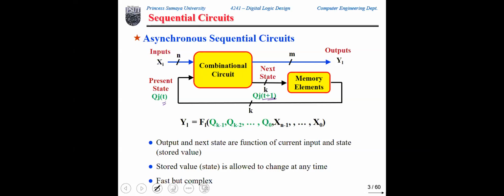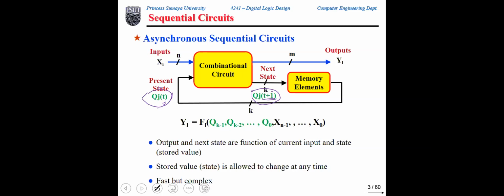So this is a kind of notation: Q of T implies the present value, the value that we have now, and Q of T plus 1 implies the value to be stored, the value that we will have after some time. And what is this time? We will see later. Is it 1 second? 2 seconds? 1 millisecond? We don't care. It is the next value, the next state.